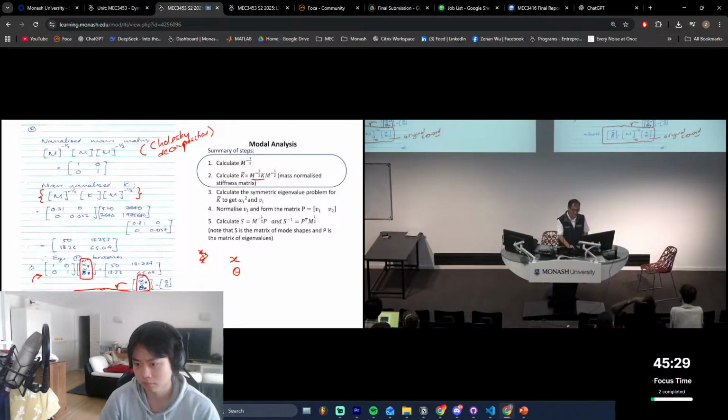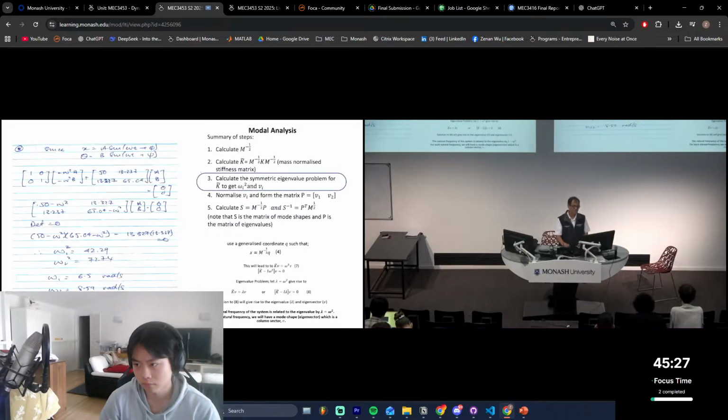Now that I've got this, I need to use this mass normalized stiffness to give me my natural frequency. I do the exact same thing, assuming that x will be in the form of a sine omega t and theta to be in terms of b sine omega t. Put them in. This is the matrix. Again, a and b can be equal to 0, but that's not a solution that we want.